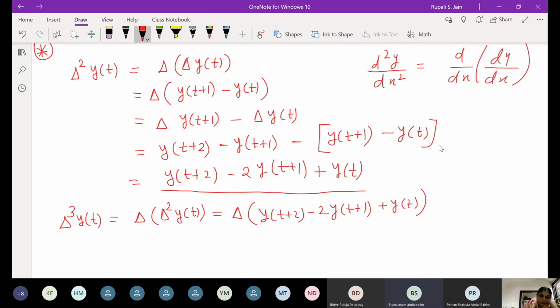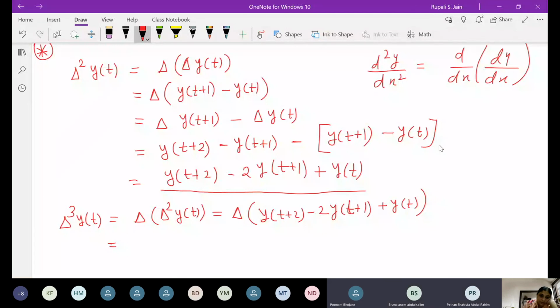So now, starting from here, what is delta y at t plus 2 minus 2 times delta y at t plus 1 plus delta y of t?